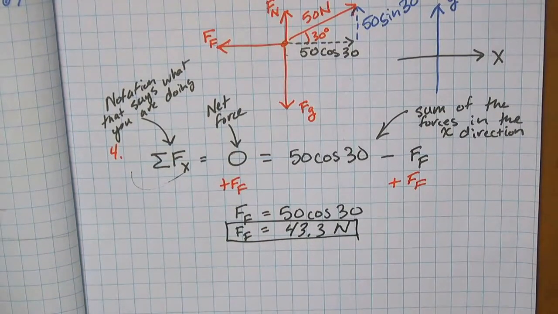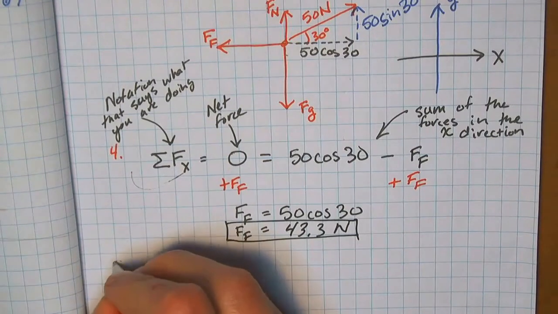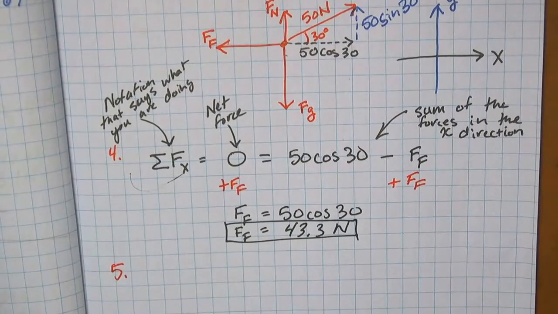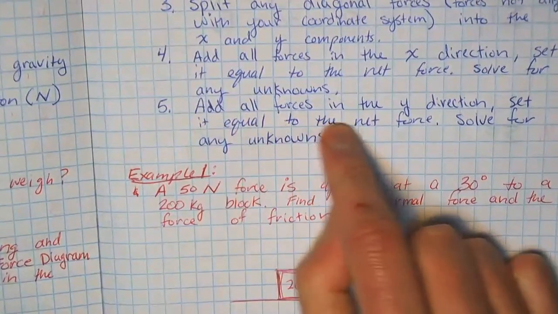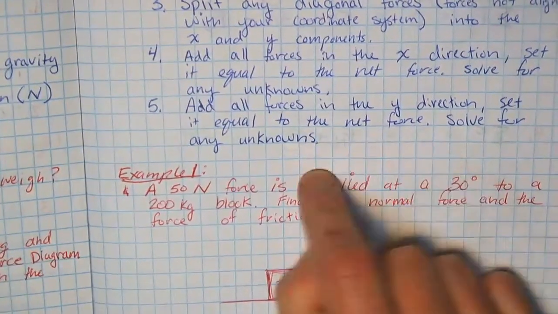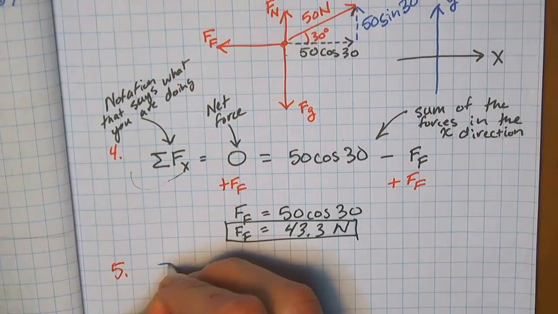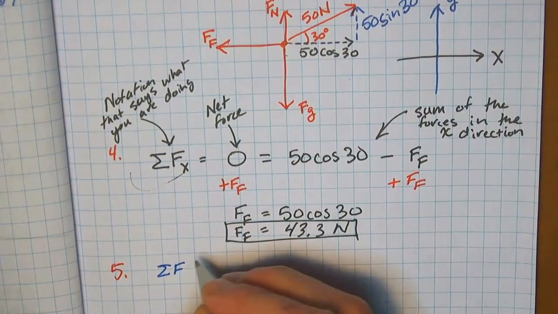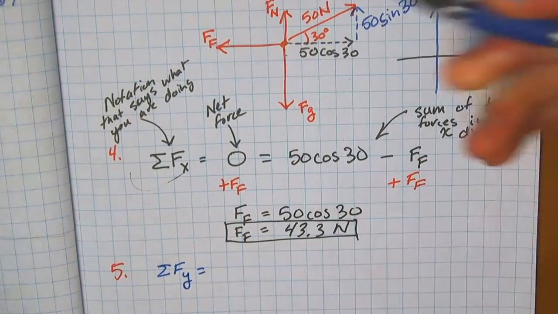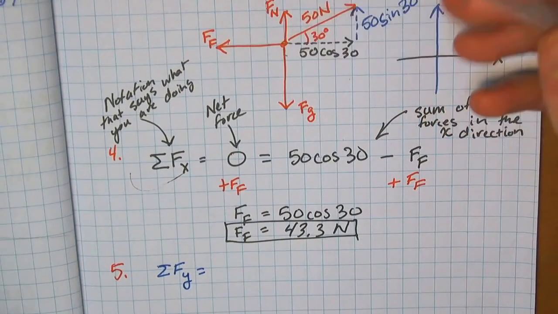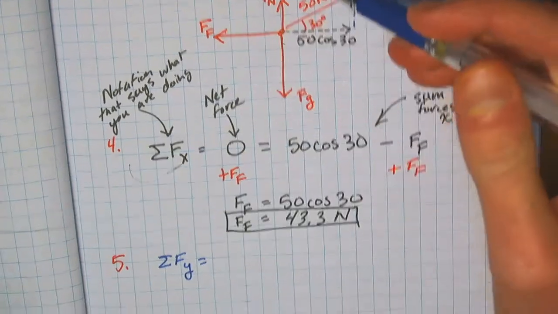So next, we do step 5. Step 5 says add all your forces in the y direction, set it equal to the net force, and solve for any unknowns. So we'll go ahead and do that. So sum of the forces in the y direction. Vertically, because this object is not accelerating vertically. It's not flying off the floor or off the ground.